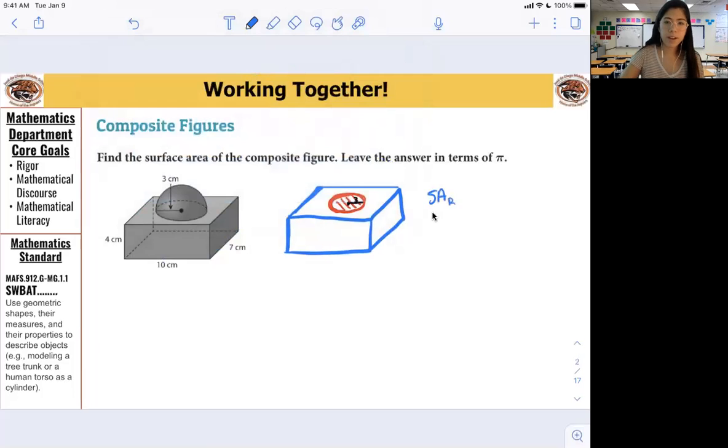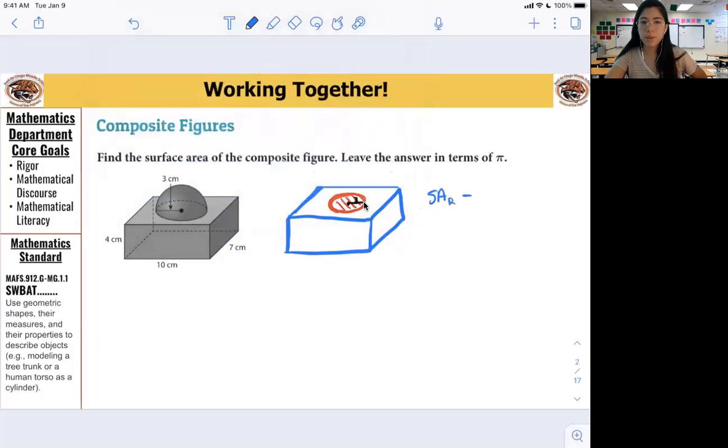So I'm going to be doing the surface area of the rectangular prism, I'll put SAR for rectangular prism, minus what? But not just the hemisphere, if I'm isolating just this part, just what's right here, that's the rectangular prism minus the circle.